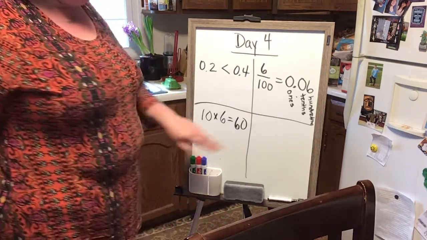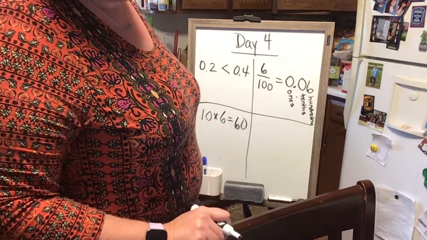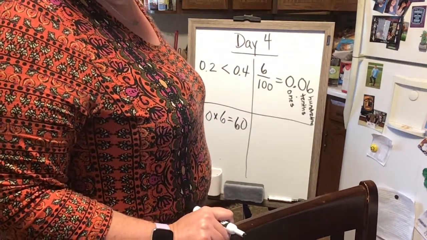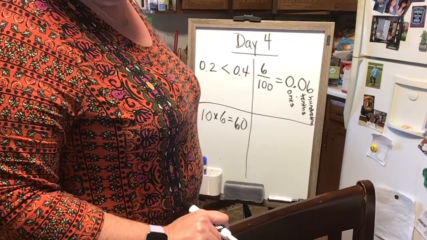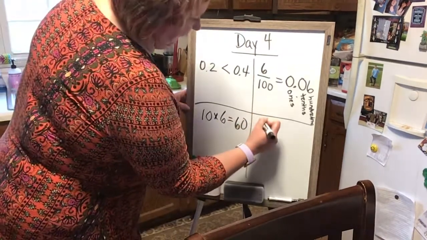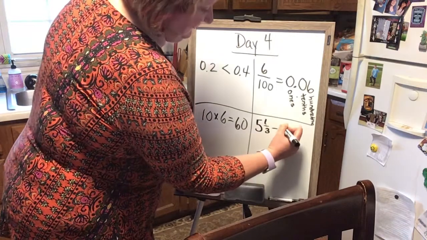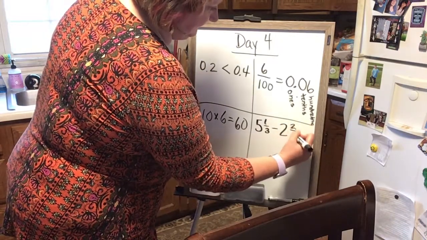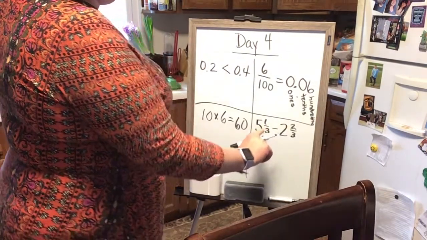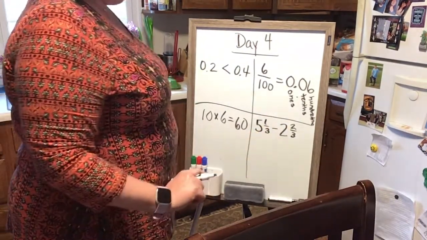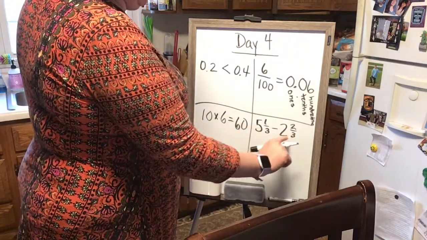All right, the very last problem is, in my opinion, the hardest one, because you're subtracting mixed numbers, and because it says 5 1/3 minus 2 2/3, you're going to have to regroup, because while we can do 5 minus 2, that's 3, and you have a common denominator here, which is 3.